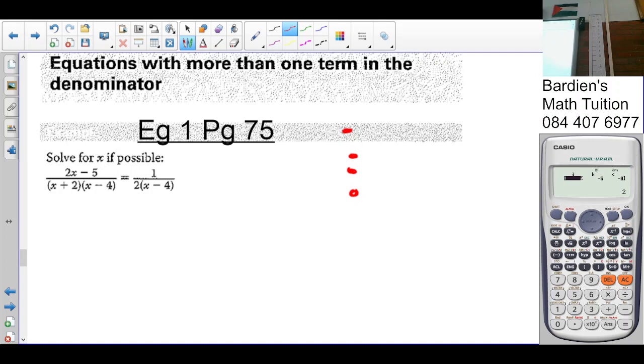Thereafter, we multiply each fraction by the LCM. And the last one is to solve the equation thereof.